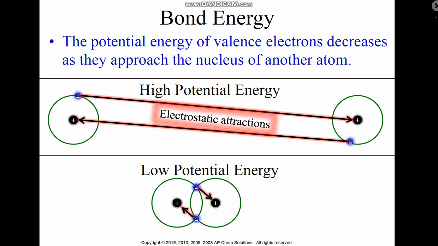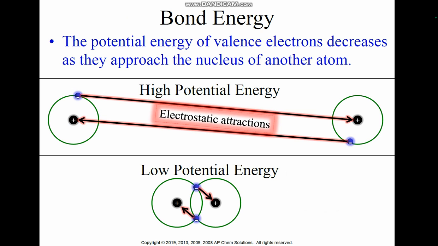So just as a bond energy review, we know as the atoms in a molecule get farther apart, the potential energy increases. And as they get closer together, they have a lower potential energy. We need to know that that is an average distance between the two.